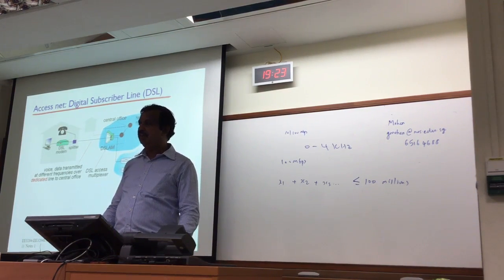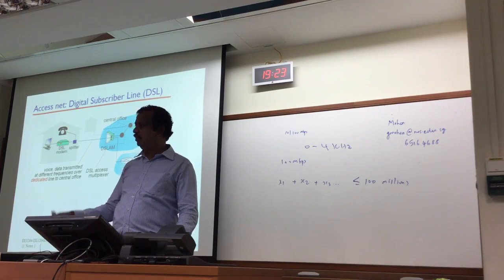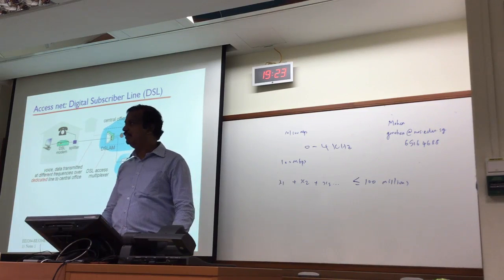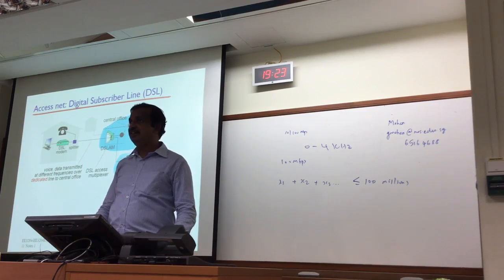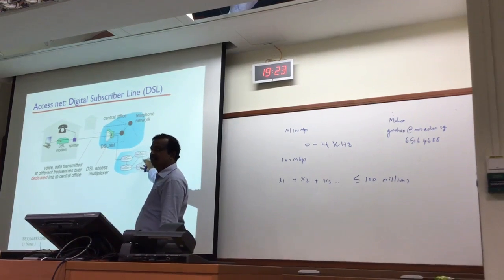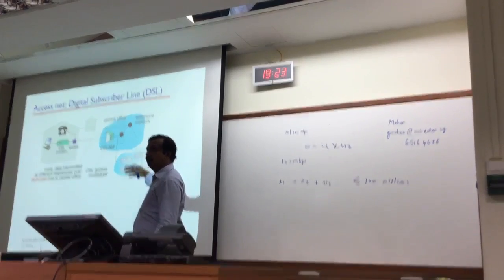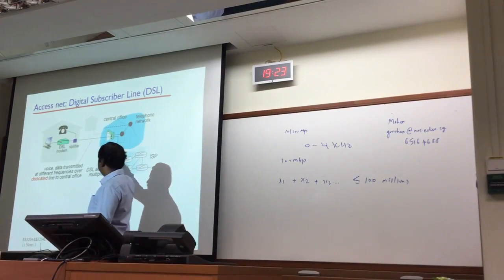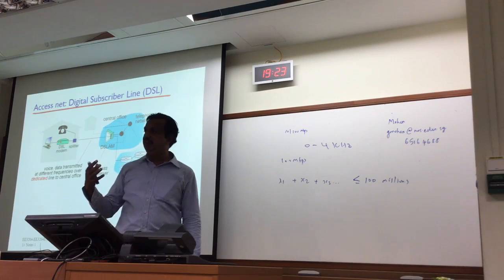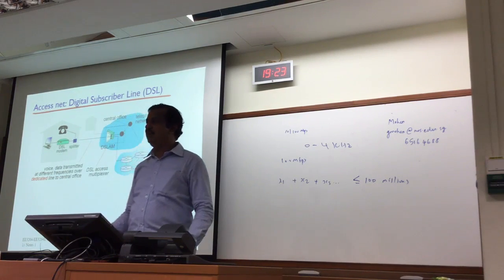Because the telephone network has its own equipment, their own multiplexers, DS1, different levels of multiplexers, basically a circuit switch network, and this could be a packet switched internet service provider network. But what is important is that we are able to access, through the same telephone cable which is used for voice communication, from our home to the service provider network.